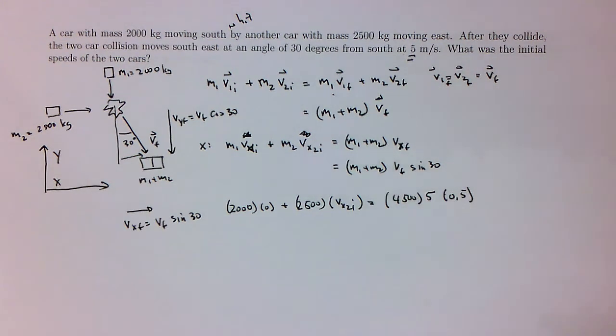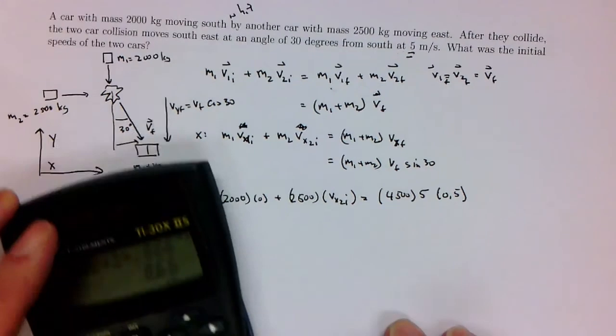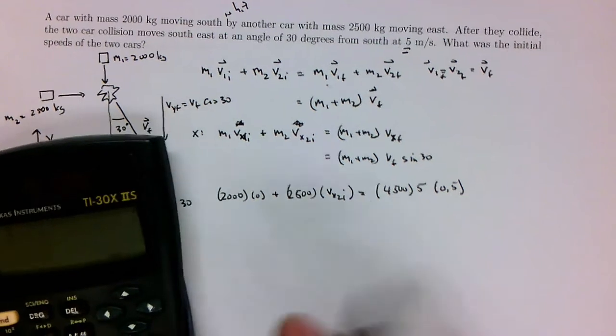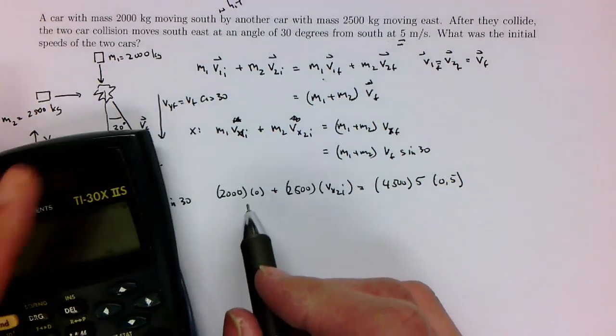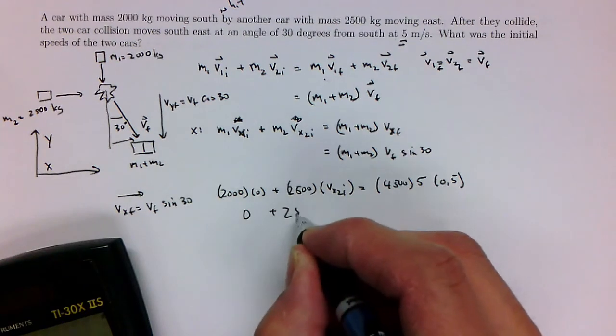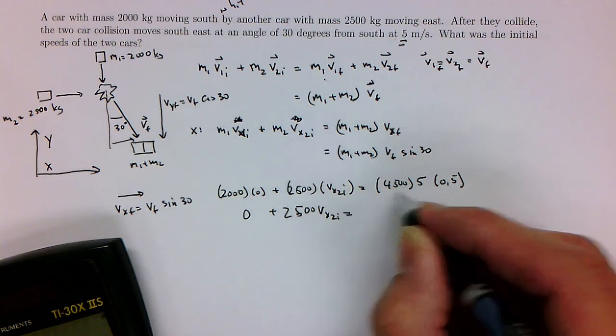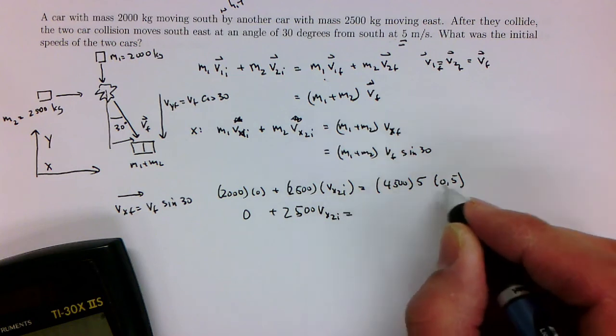Okay, so we can now break out our trusty calculator. So it's going to be 0 plus 2,500 Vx2 initial is equal to 4,500 times 5 times 0.5.